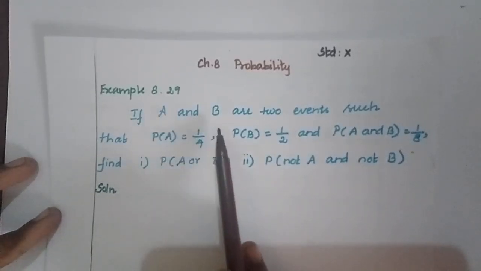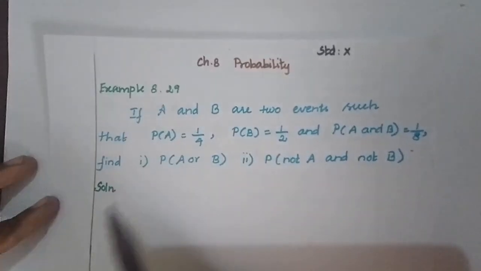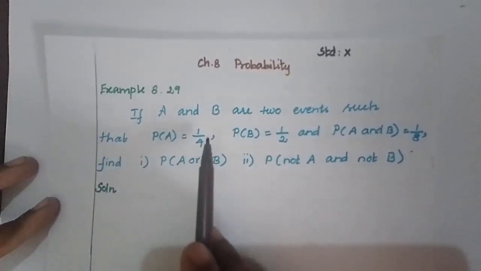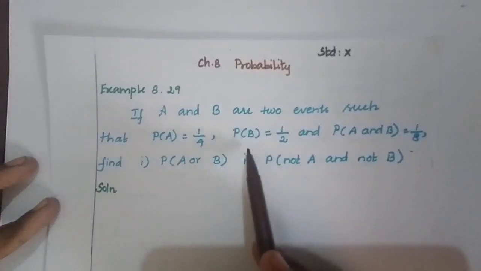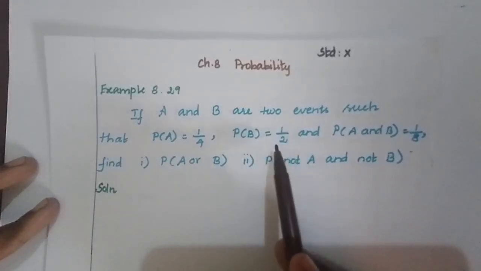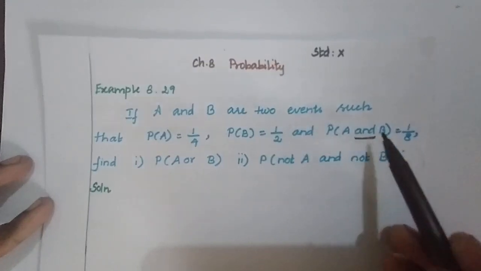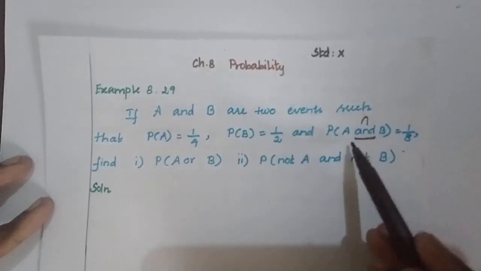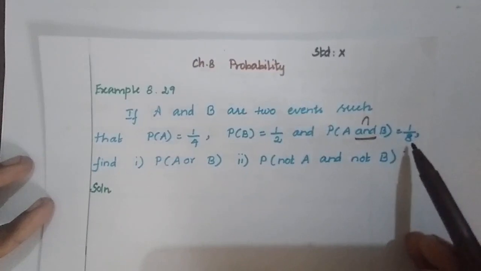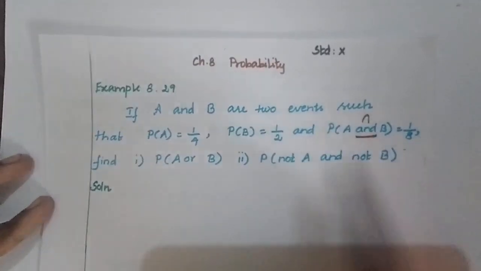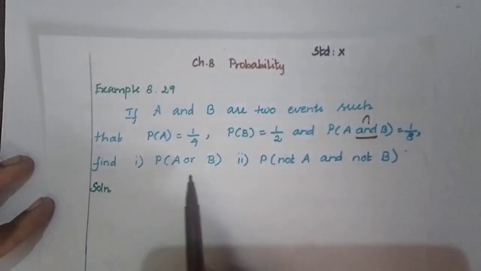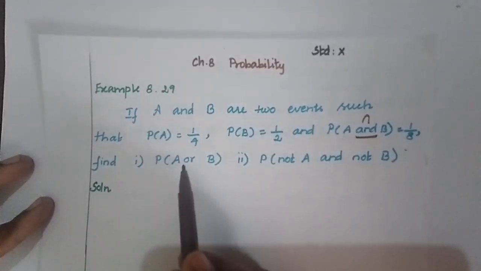A and B are two events such that P of A value is given as 1 by 4, P of B value is given as 1 by 2, P of A and B. What does this AND stand for? This is intersection. So P of A intersection B value is given as 1 by 8. And they ask you to find P of A or B. What does this OR stand for?